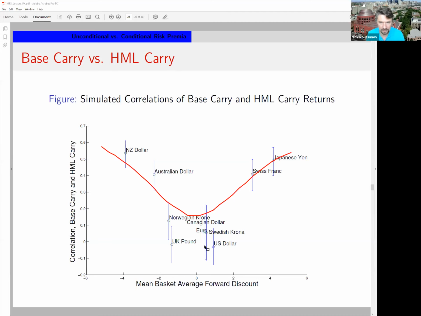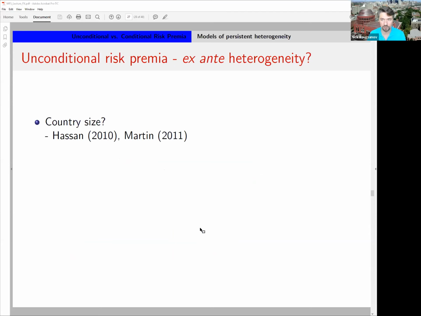This says that there is something else that is potentially special about the dollar that makes this dollar carry trade so strong and so powerful, even though by and large it's consistent with the idea that the US dollar is average in terms of its exposure to global risk, even though it's more exposed for this dollar carry strategy to work in bad macroeconomic times, in US recessions.